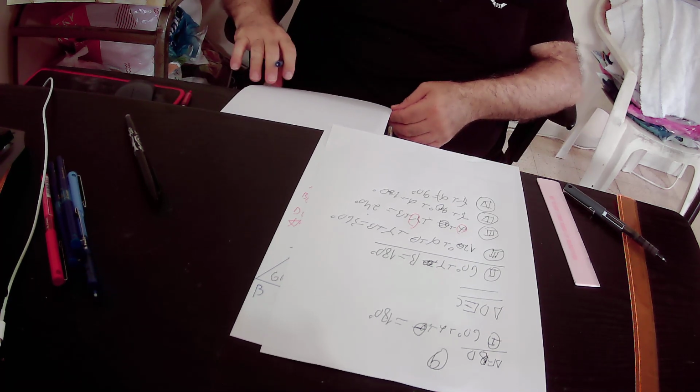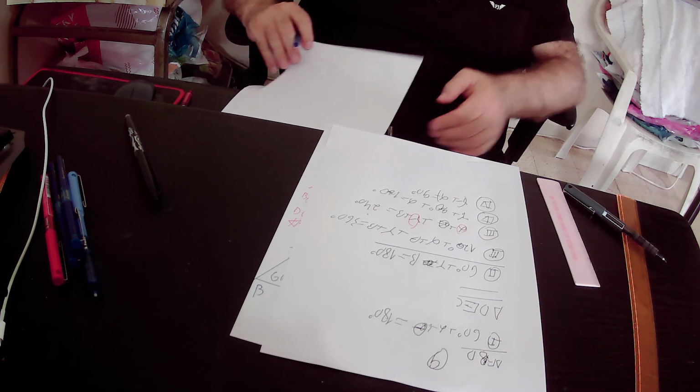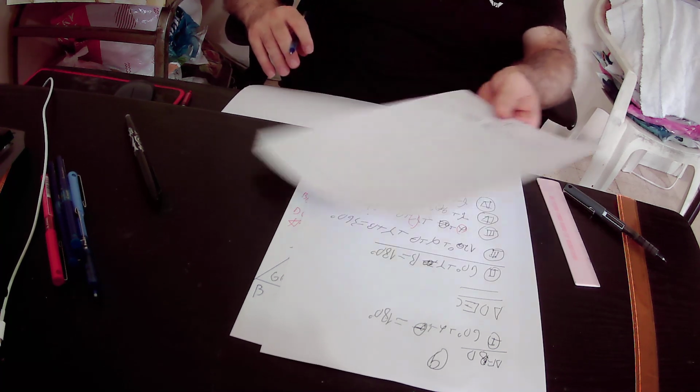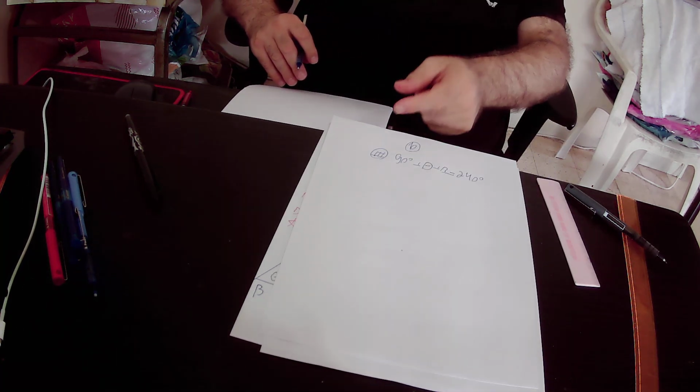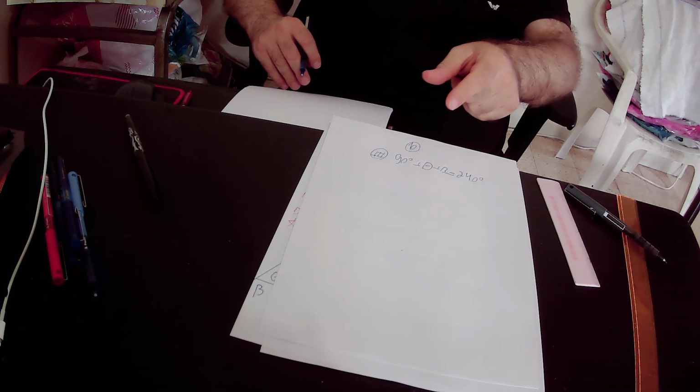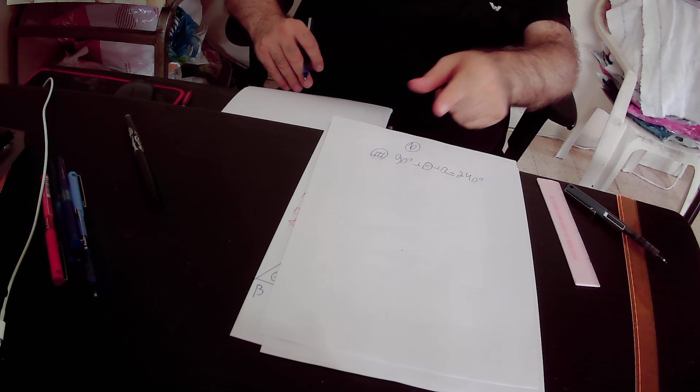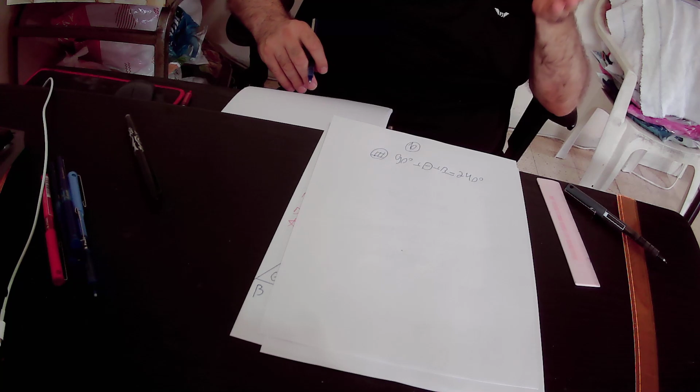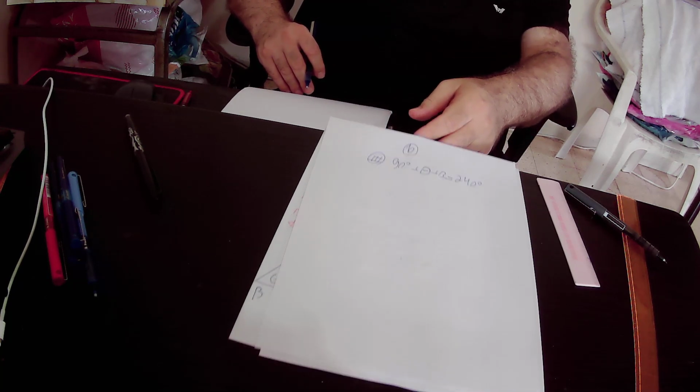Okay, so after we substituted alpha plus gamma by 90 degrees in equation number 3, we got that 90 degrees plus theta plus beta equals 240 degrees.